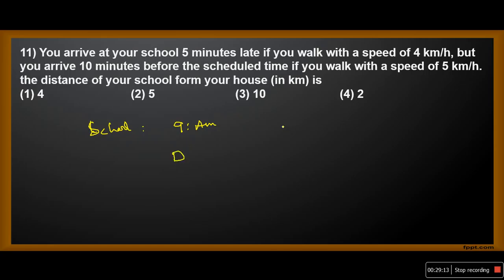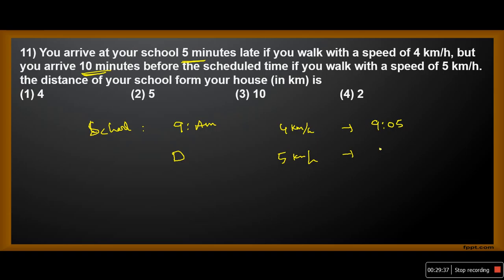When you travel at 4 km per hour, at what time will you reach? You are 5 minutes late. It means you will be reaching your school by 9:05. If you are traveling at 5 km per hour, you are arriving 10 minutes before.